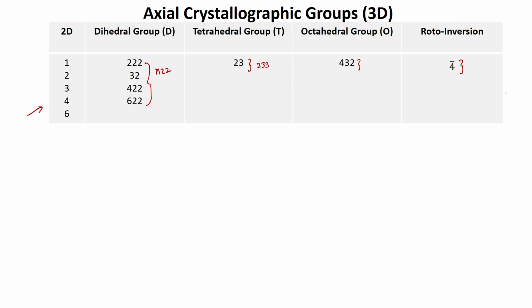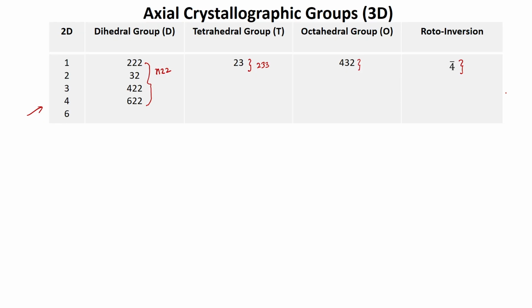Therefore, they are not included in these axial crystallographic groups, but they will pop out later in this lecture. 4 bar, as we saw in the last lecture, is a unique roto-inversion axis which cannot be decomposed into other symmetry operations. So, we have these axial groups in front of us, and you can see that we have a total of 12 axial groups here.